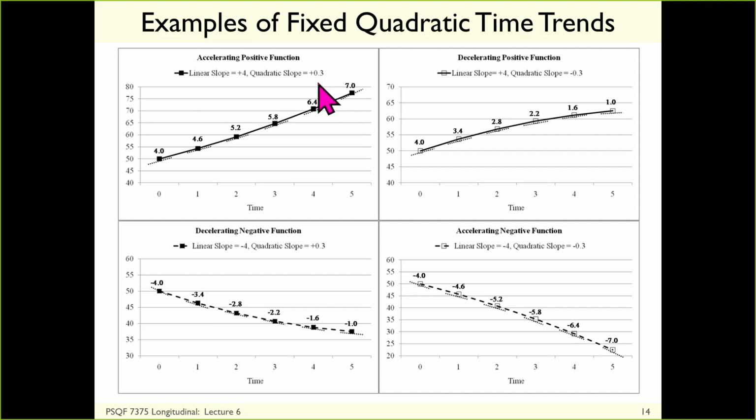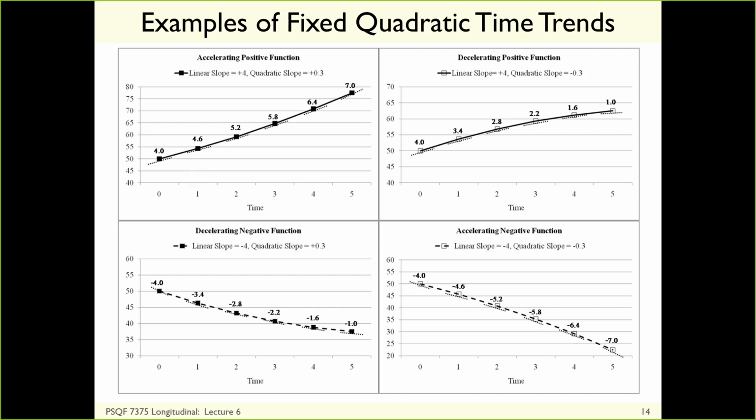The quadratic coefficient in this example is 0.3, and times 2 gives me the 0.6 change between each of these increments. So the linear slope that is 4 becomes more positive by twice the quadratic each increment of time. So the end result is a positive slope that increases.